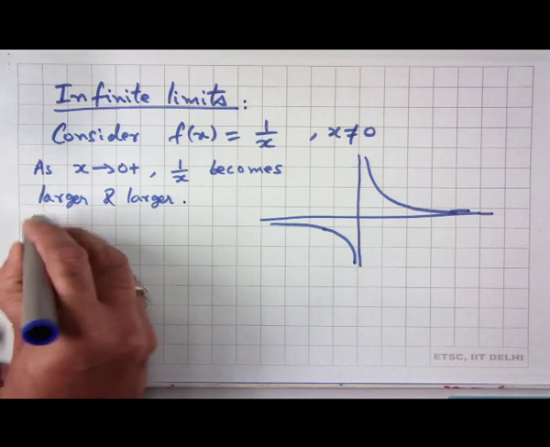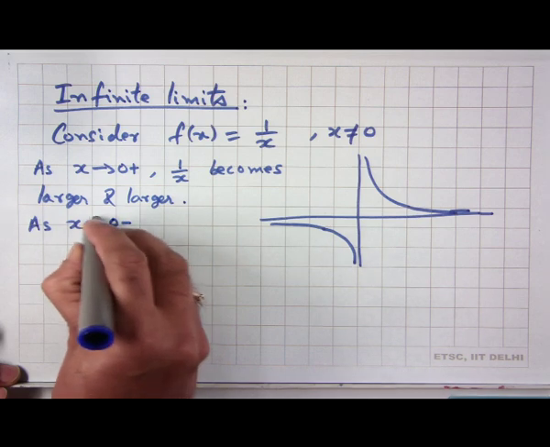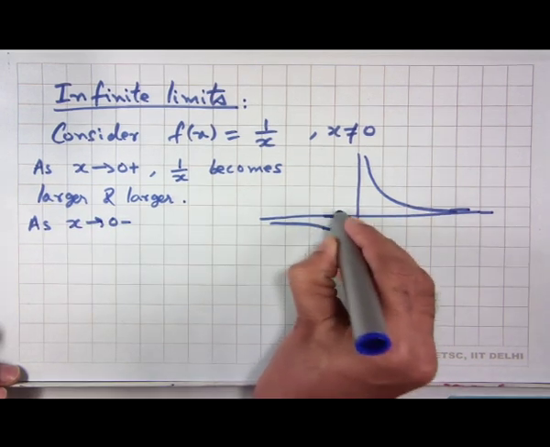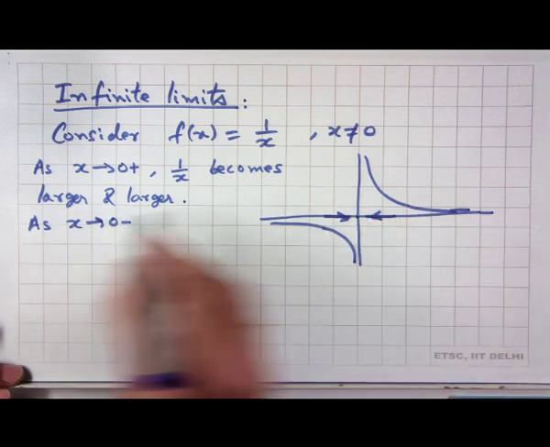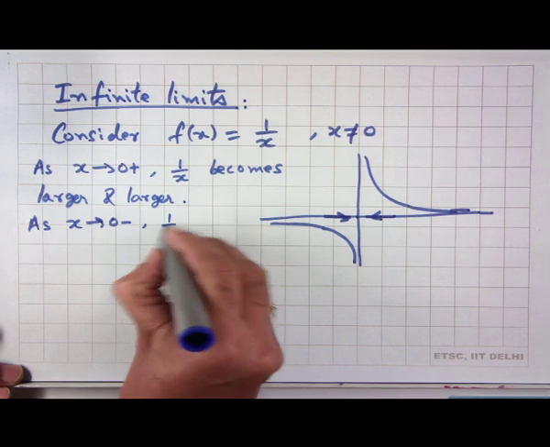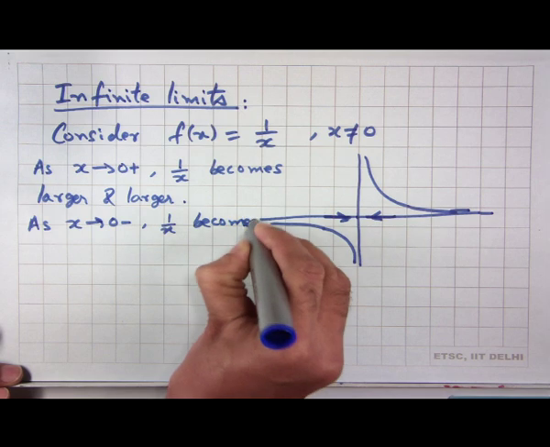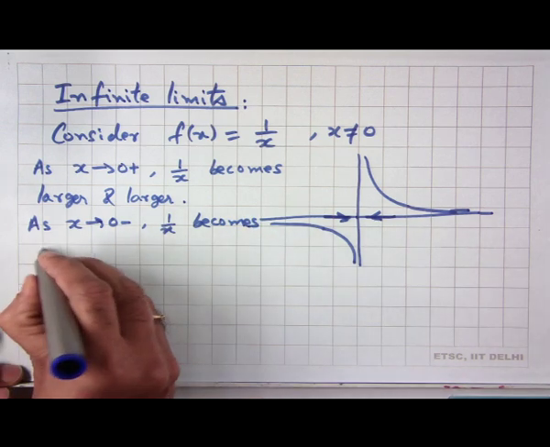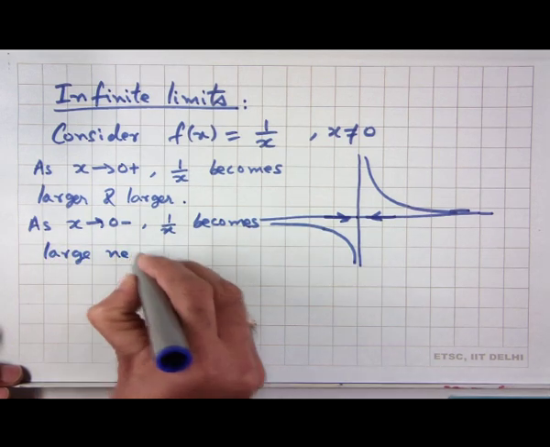And as x tends to 0 minus, that means from the left if you approach 0, then 1 by x becomes a large negative number.